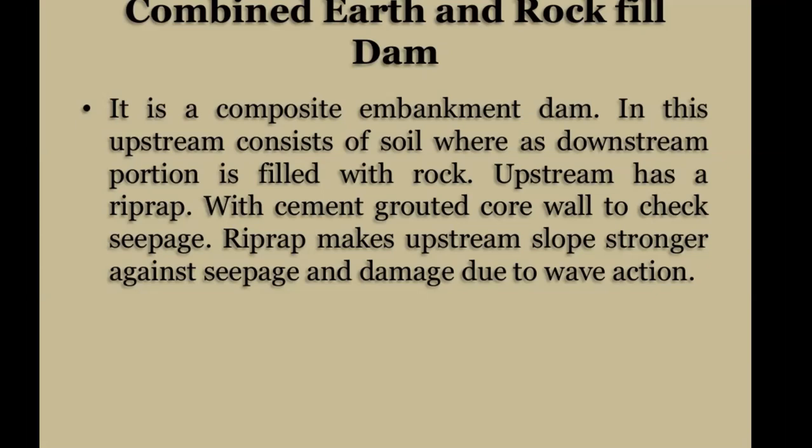In this, the upstream consists of soil, whereas the downstream portion is filled with rock. Upstream has riprap, a core provided to check seepage, and riprap makes the upstream slope stronger against seepage and damage due to wave action.